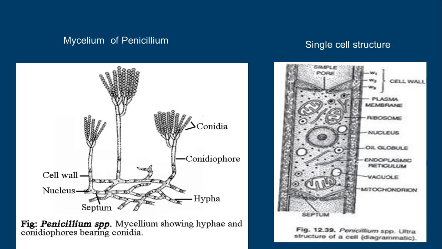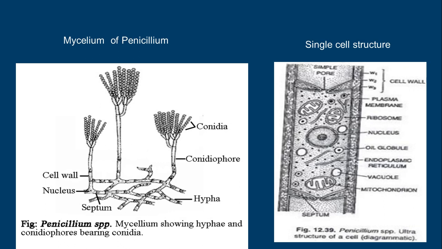Ribosomes are present, which are called protein factories because they synthesize proteins. Next is the endoplasmic reticulum, ER, which is useful for the transportation of proteins, the vacuole for the storage of cell sap, and the mitochondria, that is the powerhouse of the cell.